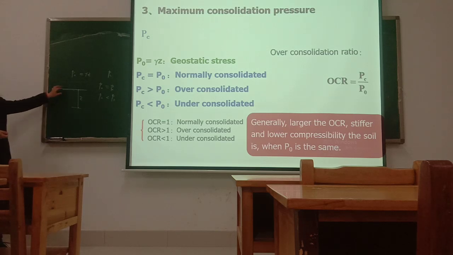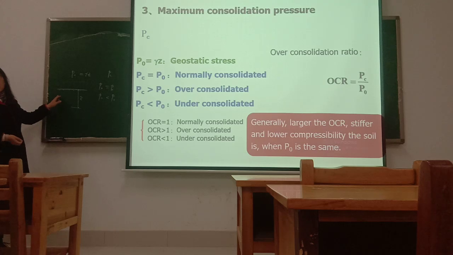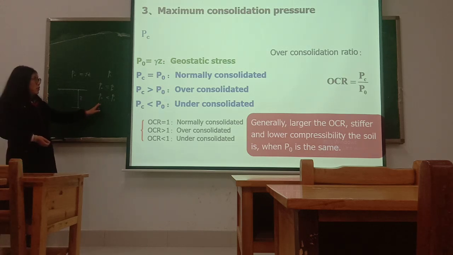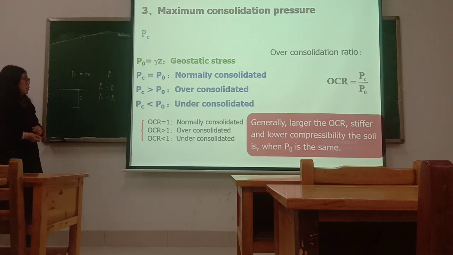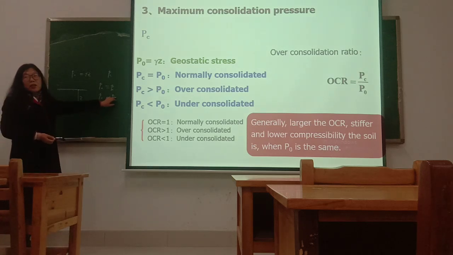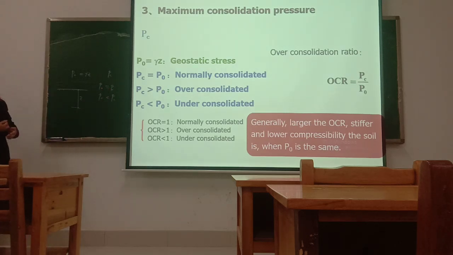Okay, so the ground level decreased to the present ground level. So we find the geostatic stress less than the maximum consolidation pressure. We call the soil overconsolidated.